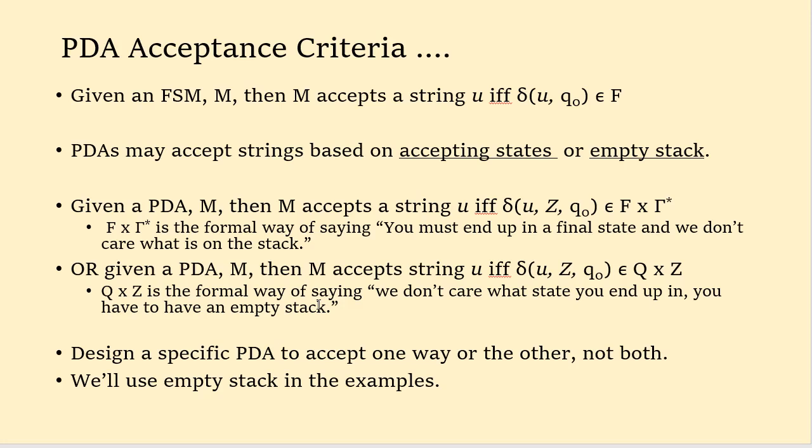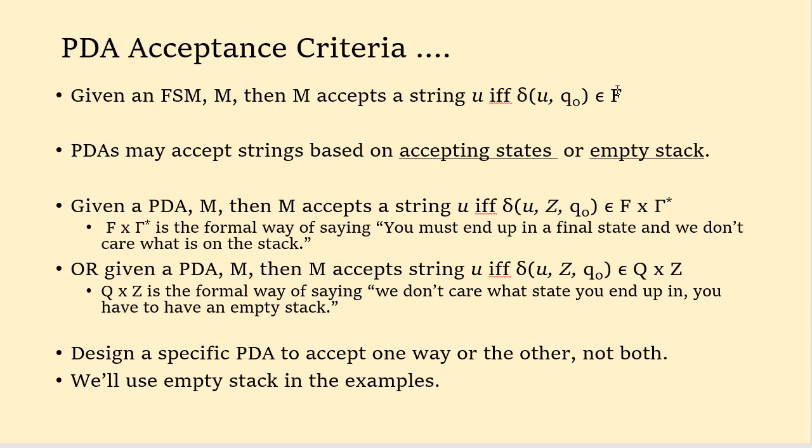Okay, now about that acceptance criteria. The finite state machine, if you recall, accepted a string U if and only if we started in the start state, we processed the string, and we ended up in a final state. That's what the finite state machine was about. But the PDA has two mechanisms here. One is the states and one is the stack.